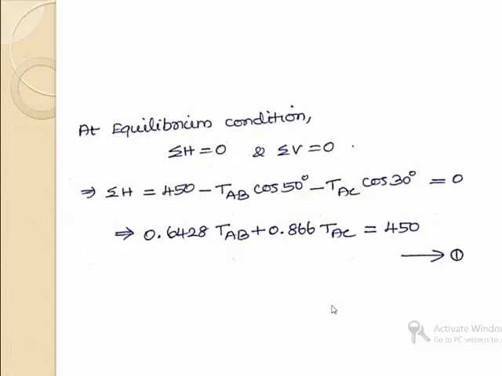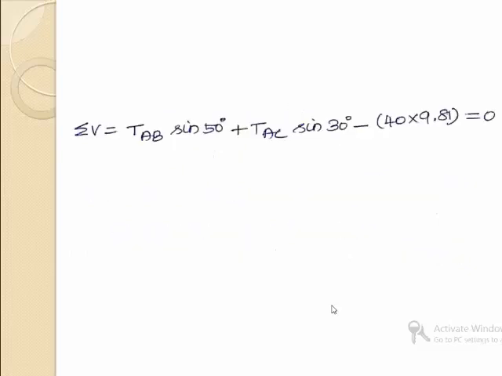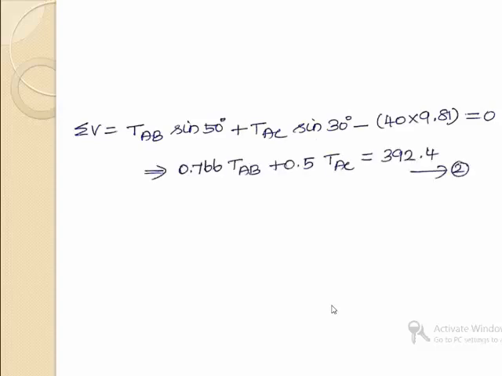Then considering the vertical forces acting on the system: TAB sin 50 acting in the positive y-axis direction, plus TAC sin 30 also acting in the positive y-axis direction, minus the force generated due to the mass of the crate, that is 40 into 9.81, equals 0. From this we get equation 2.